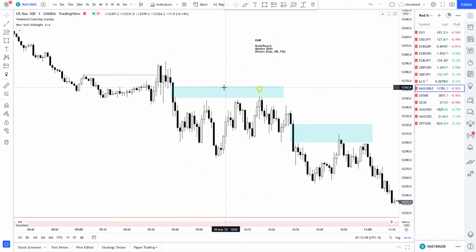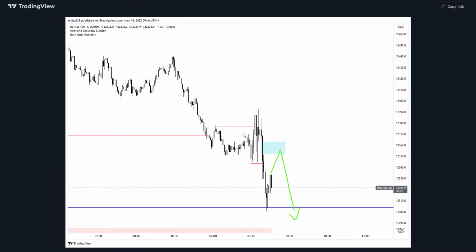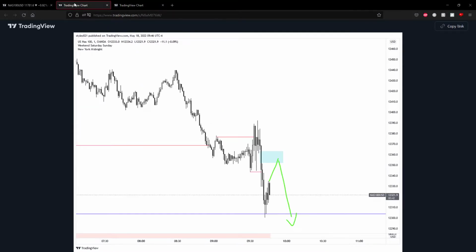If you had a different entry method, then you might have got in, but for me, I didn't manage to participate in this. So this is what I saw, and then this is afterwards. With these little wicks here, I didn't see that as my entry. I was waiting for a slightly better price. In hindsight, this would have been an incredible entry, but we don't always get those.